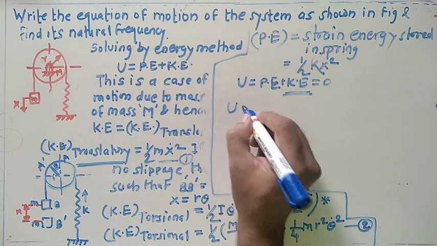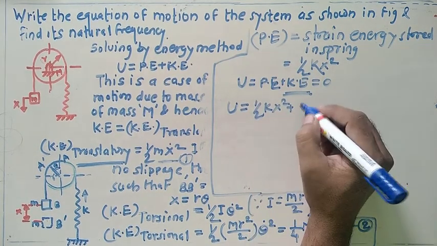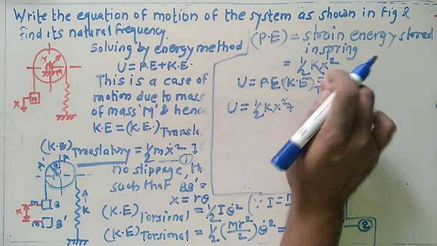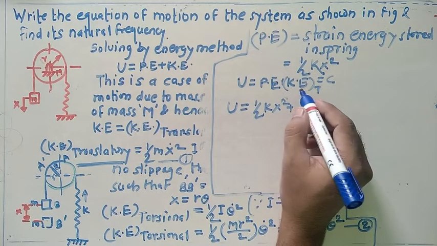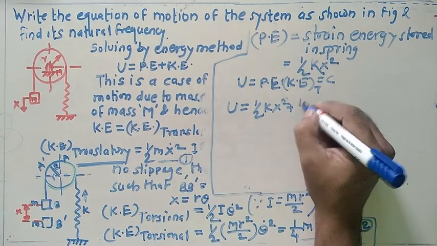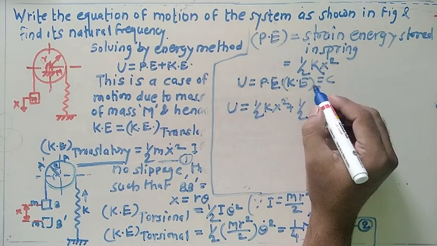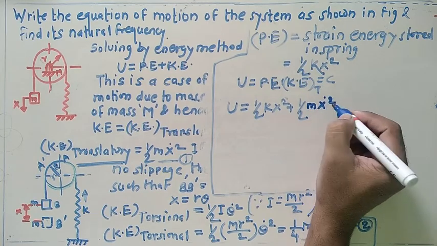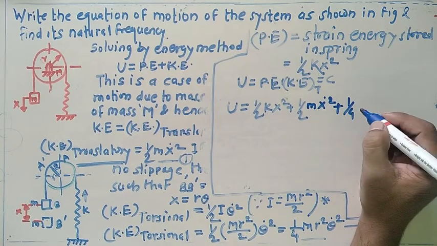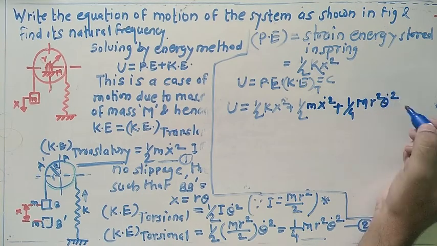So write it here clearly: U equals potential energy, 1/2 k into x square, plus the total kinetic energy, that will remain constant. For the total energy you have to add this with this one: 1/2 m x single dot square plus 1 by 4 capital M r square theta single dot square.